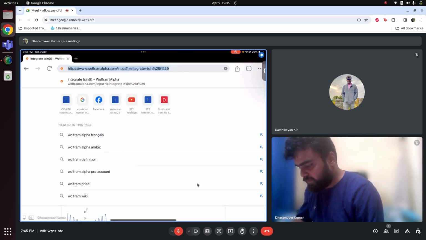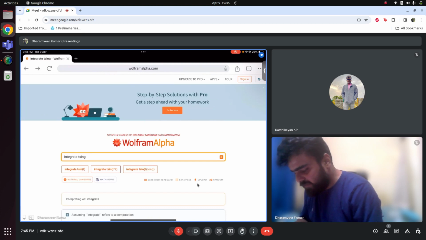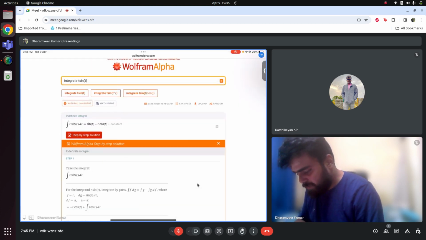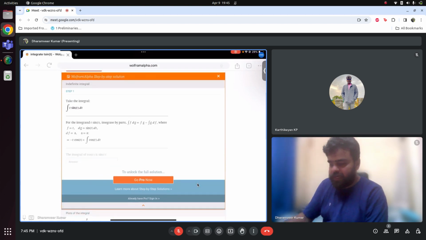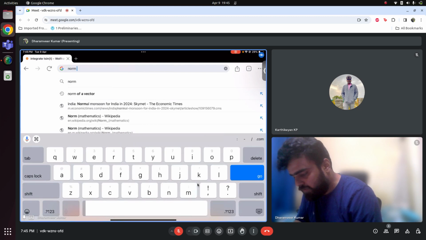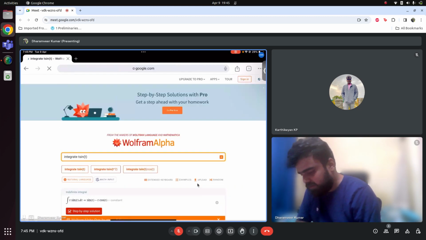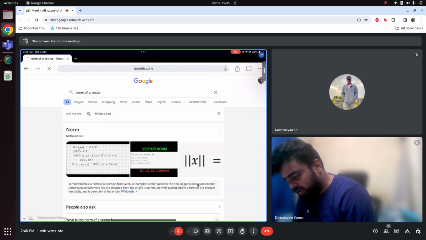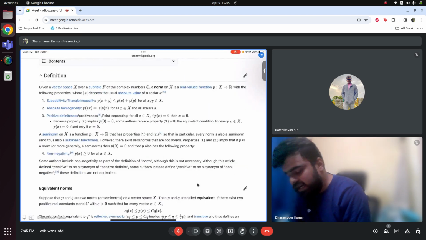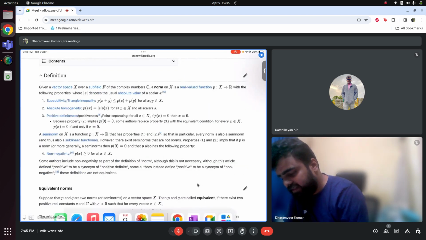Also, I'm not advertising for it, but you can look for a step-by-step solution to at least get what substitution they are taking. Now, norm of a vector: you can simply see what it means. It has to have sub-additivity.